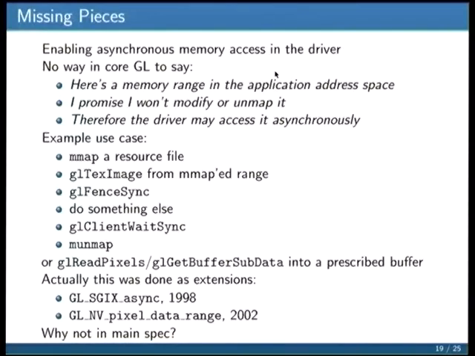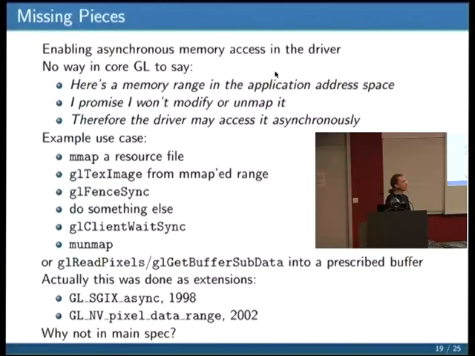It said, here's some of my memory, I'm going to do a texture image from it, and you can hang on to my pointer for a while, and I'll try to figure out when the GL is done with it. And it was for exactly that kind of use case. But after having it in Mesa for years and exactly 0 applications using it, there were some annoyances with the implementation of it, so we deleted it.